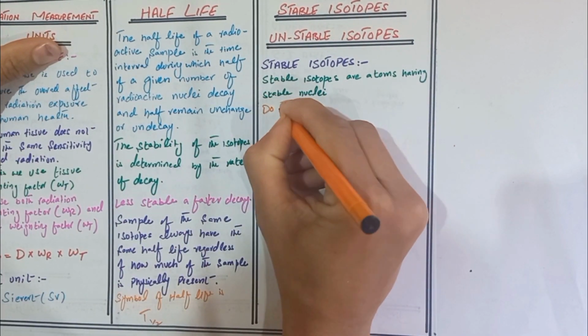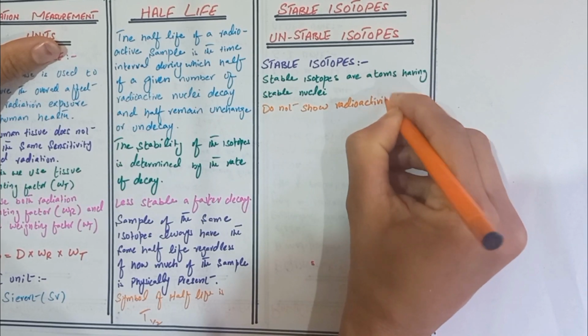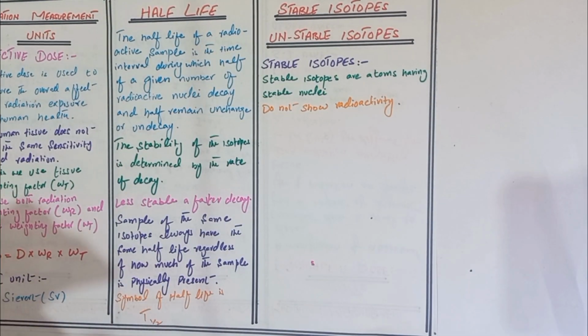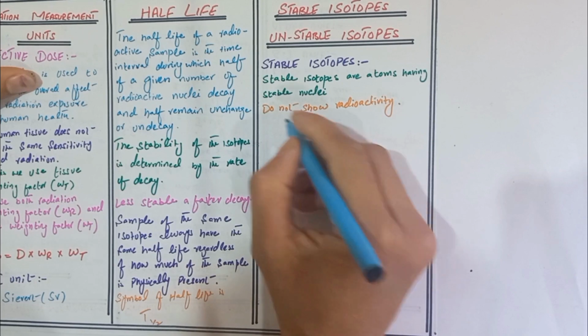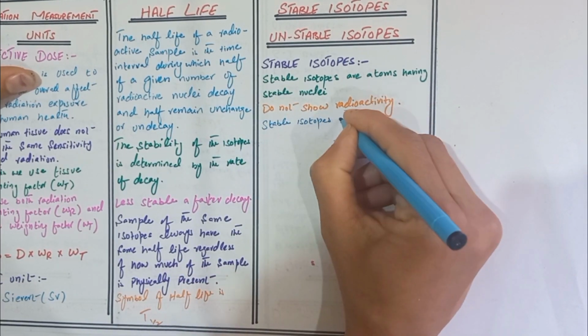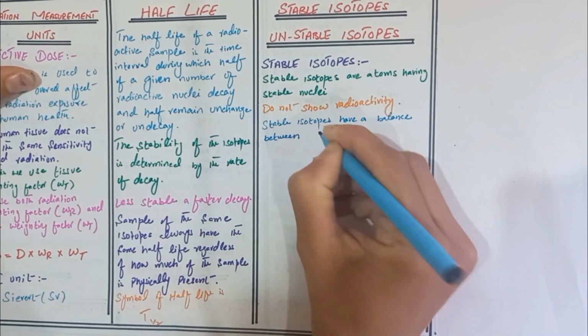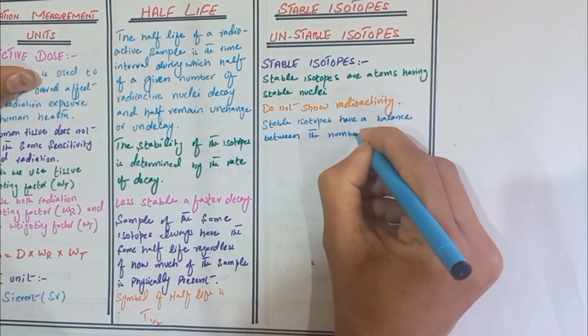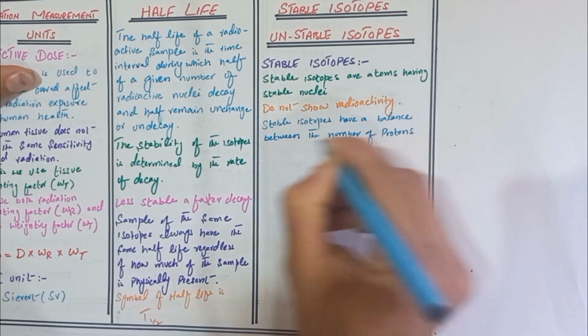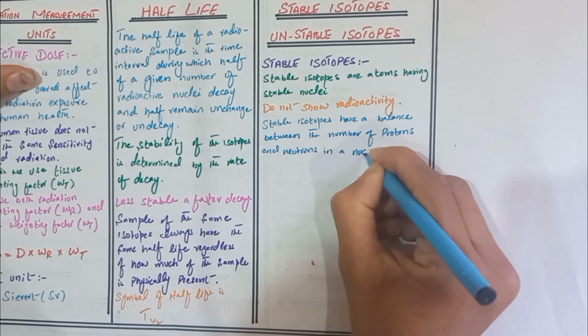Stable isotopes do not show radioactivity. Stable isotopes have a balance between the number of protons and neutrons in a nucleus.